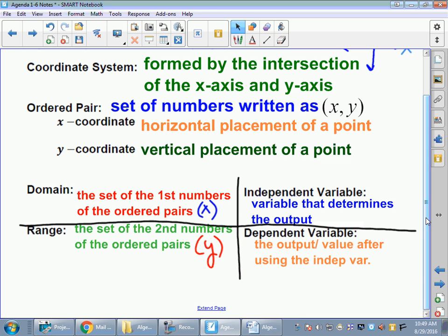So the dependent variable is the output, or the value after using that independent variable. In other words, the independent variable is what we put in for x, and the y depends on what we put in for x. So domain and independent go together, and the range and the dependent. That's why I put it in that little box down there.